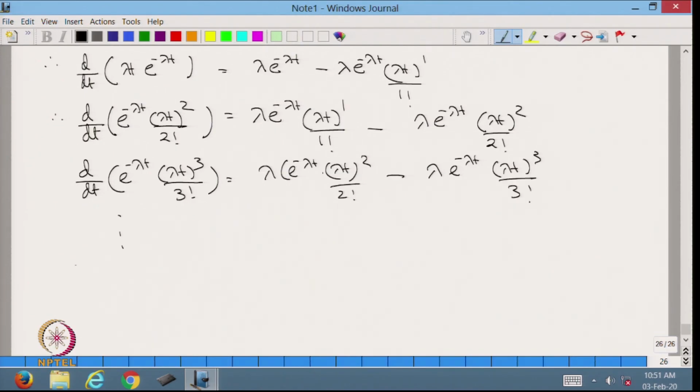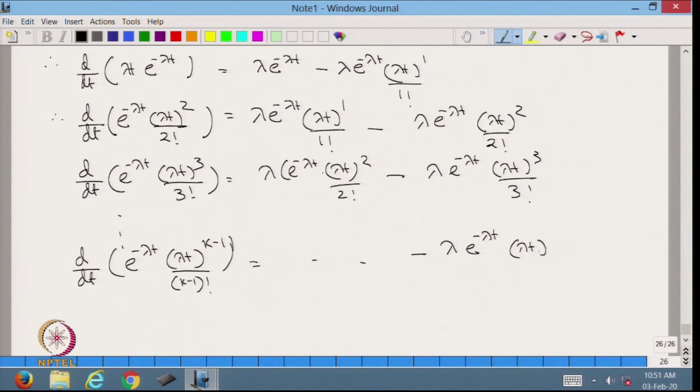Like that, if we go on, then the last term is d/dt of e^(-λt)(λt)^(k-1)/(k-1)!, which is equal to, let us write the last term, λe^(-λt)(λt)^(k-2)/(k-2)! minus λe^(-λt)(λt)^(k-1)/(k-1)!.